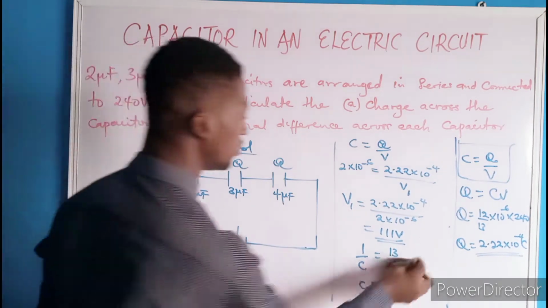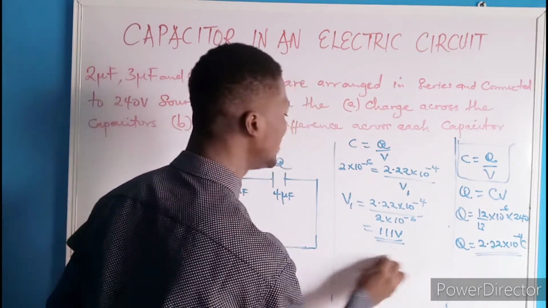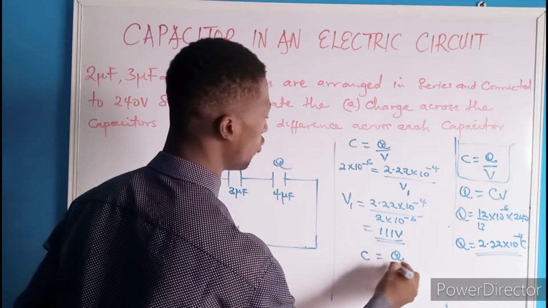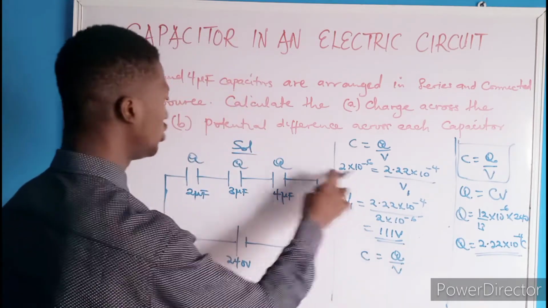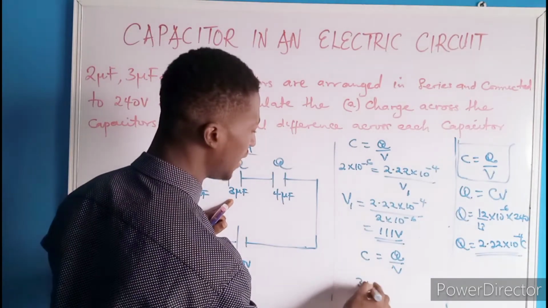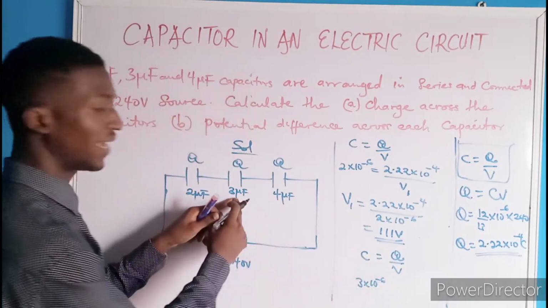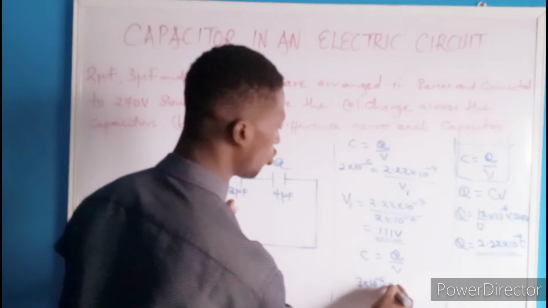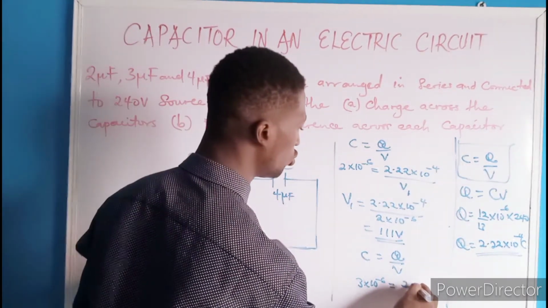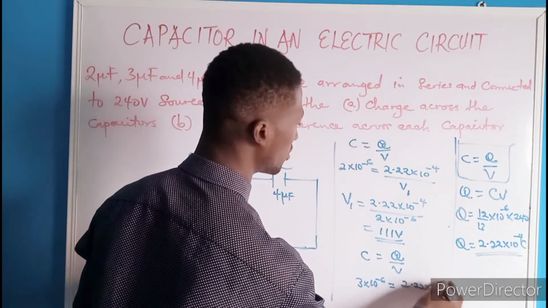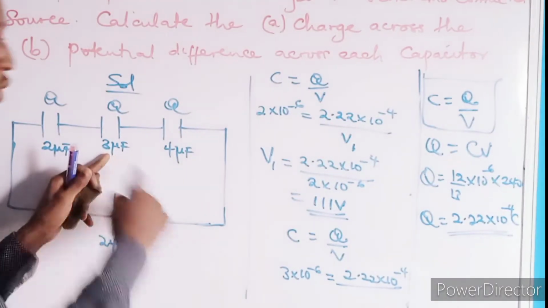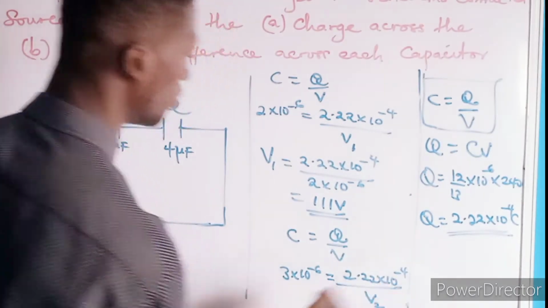Now let's go for the second one. To get the second one, you use the same expression that C is equal to charge over voltage. Now your capacitance is 3 times 10 to the power minus 6. Don't forget, it's 3 microfarad, equals the charge, which is the same for everything, 2.22 times 10 to the power minus 4, over the potential difference of the second one, which we can call V2.